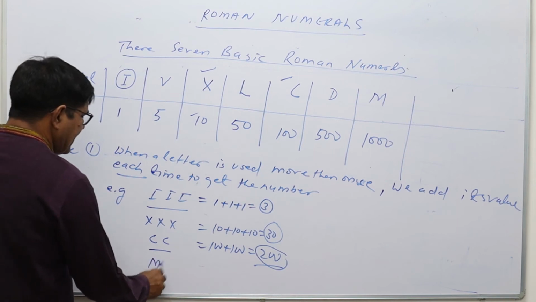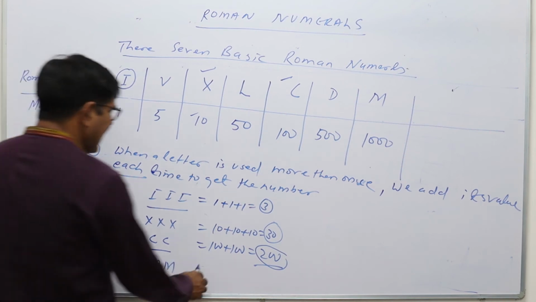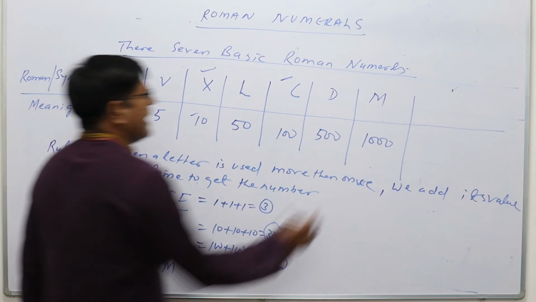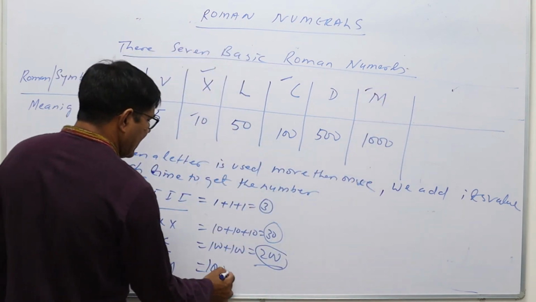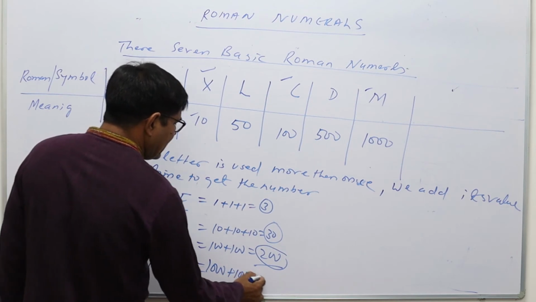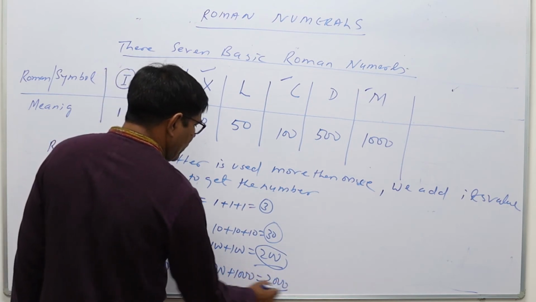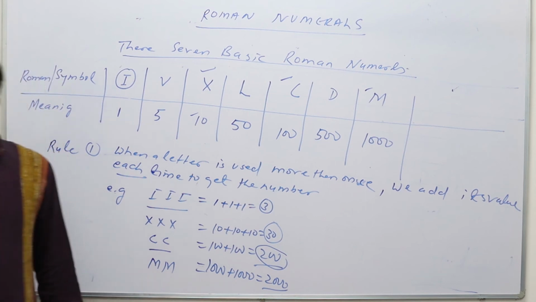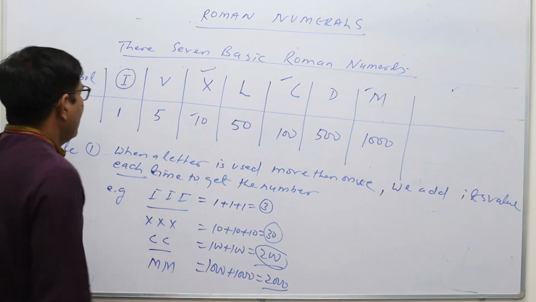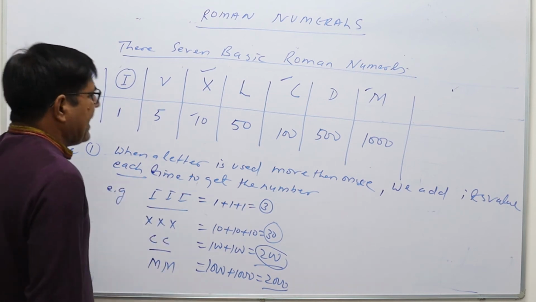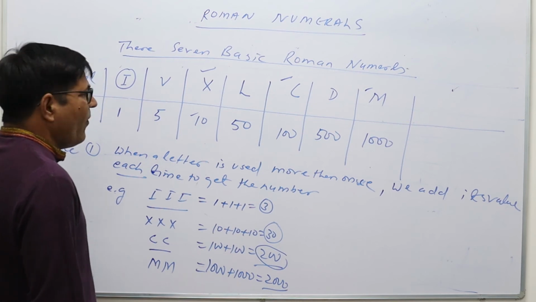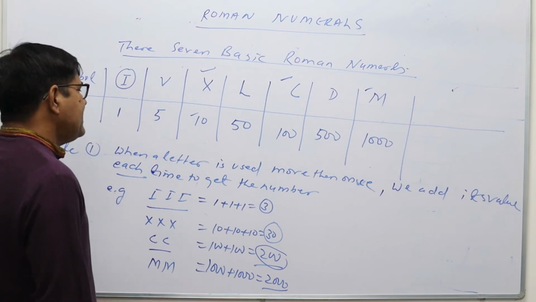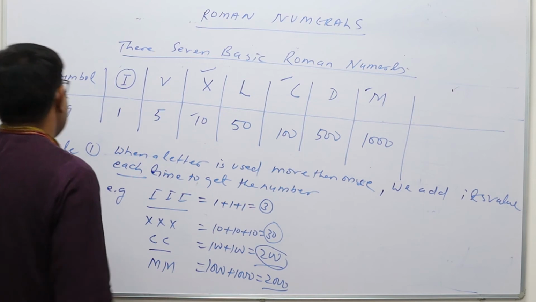Similarly, if M is repeated 2 times, because M represents 1000, it will be 1000 plus 1000, which equals 2000. So the first rule: when any Roman letter is repeated, its value is added each time.